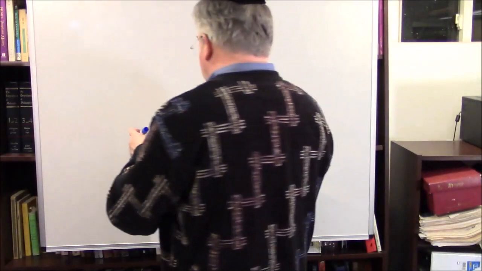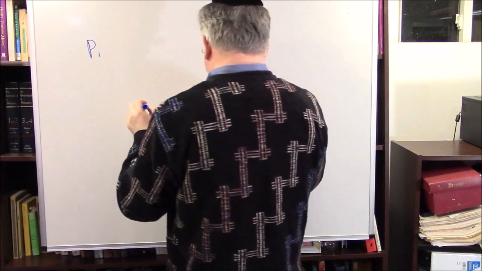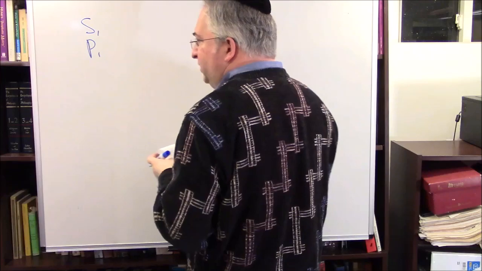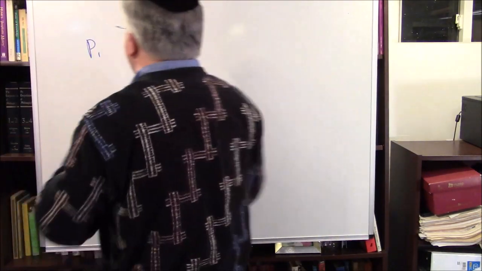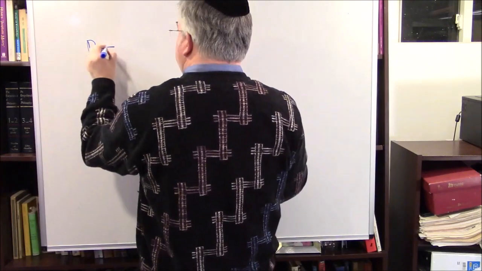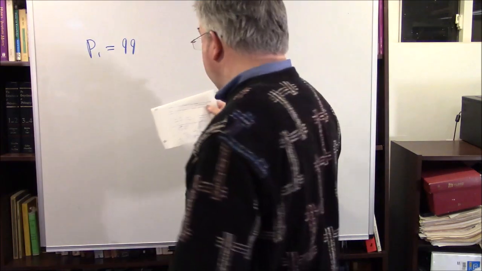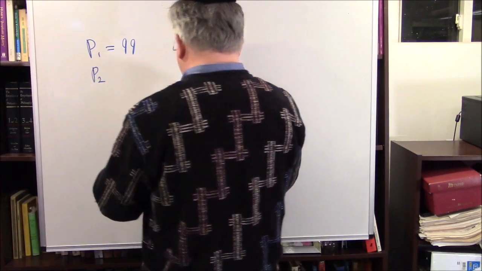Okay, so it goes as follows. You have S1, I'm sorry, I want to do P1 on top of S1. P1 is equal to 99. I make $99 if I get that.